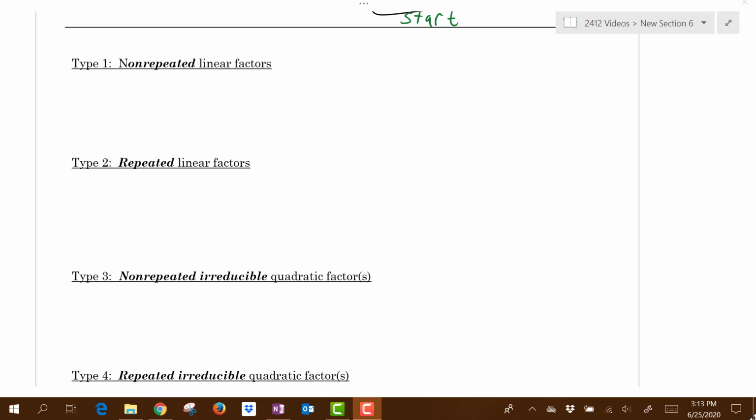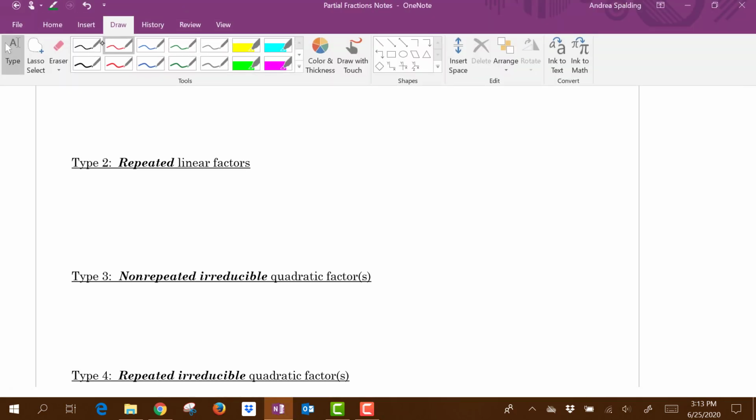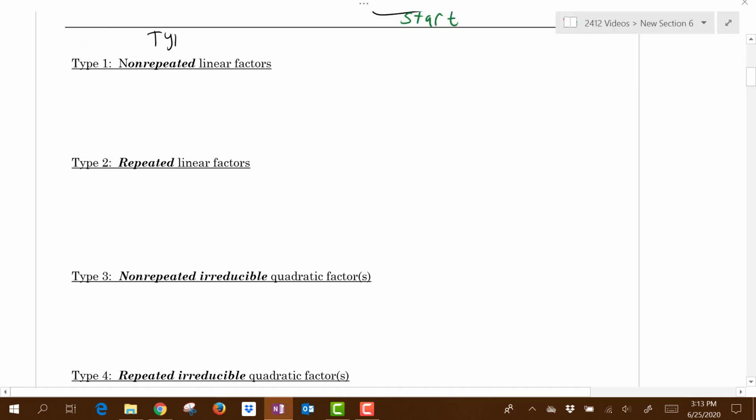Alright, before we actually get started into some examples of decomposition, we're going to look at some vocabulary. We're going to be looking at 4 different types of decomposition, and the type is based upon the result of factoring the denominator.